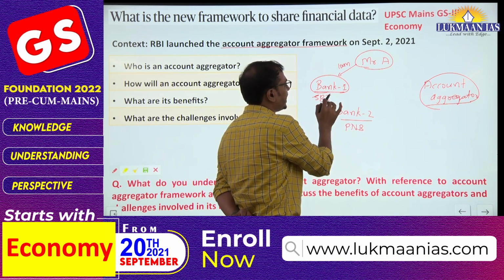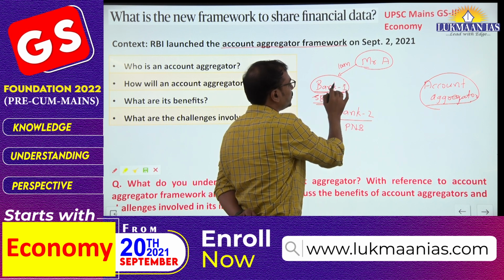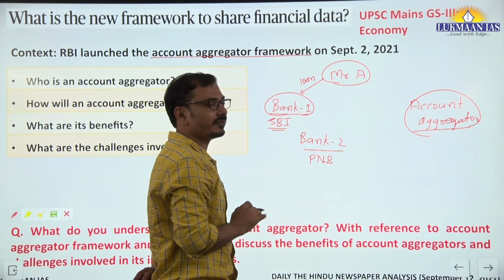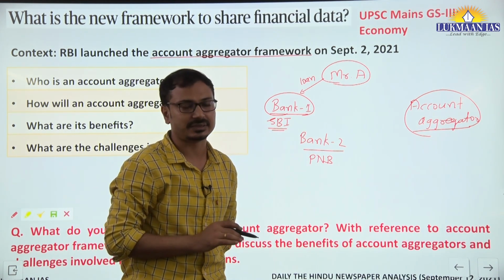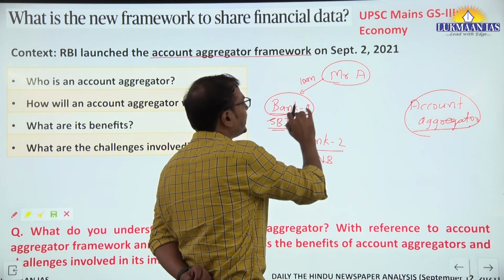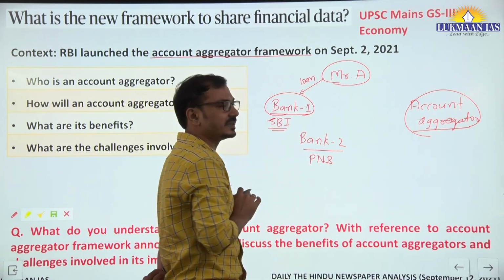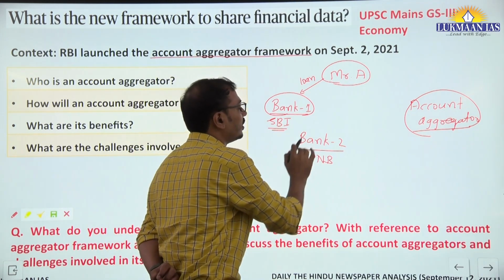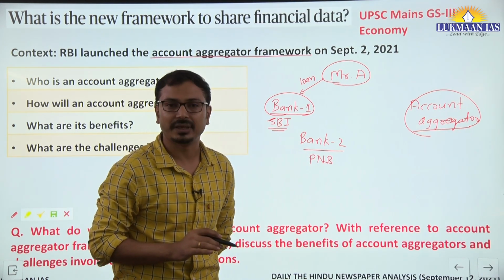But SBI, while deciding on this loan, does not know the complete financial information about A and his creditworthiness, because SBI has only the data related to this bank account, but not the data regarding the finances with PNB.